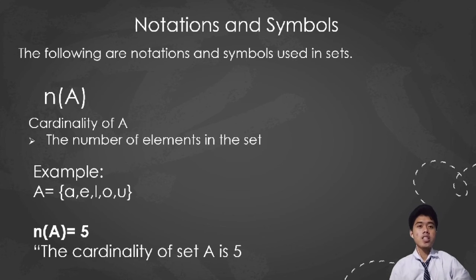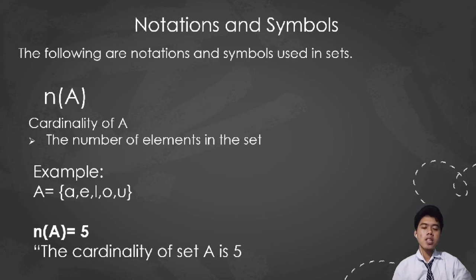Next one is cardinality. And in this example, we have cardinality of A. Yung symbol niya is n, open and close parentheses. So, when we say cardinality, it is the number of elements in a set. So, example natin yung set A. We have set A is equal to {a, e, i, o, u}.